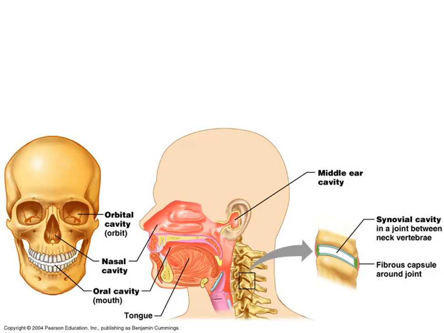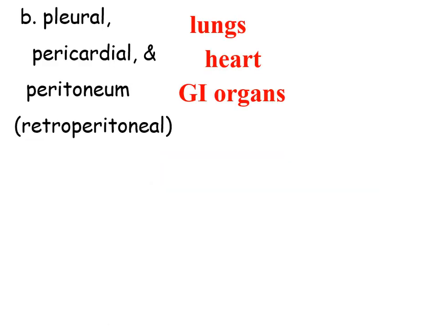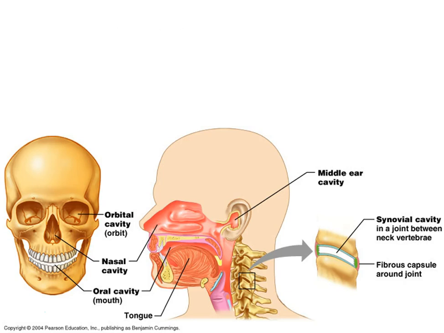For example, your kidneys develop behind the peritoneum, so they actually have parietal peritoneum on the front of them, and then they have this fascia on the back of them holding them to the back abdominal cavity. So if an organ appears outside of that peritoneal sac, we say it's retroperitoneal.